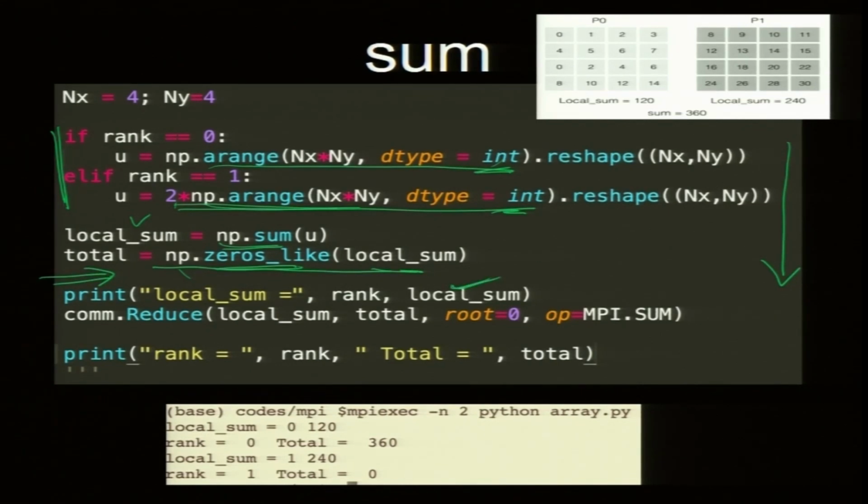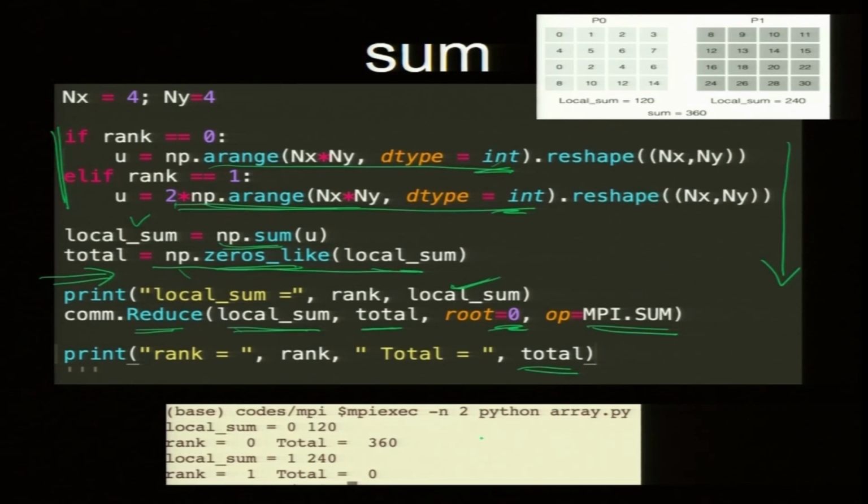Then I want to do the total of all the local sums. I use the function reduce, with operation MPI dot sum, and it takes the local sum from each processor and puts it in total. This is done by processor 0, which is the master processor, and print total.